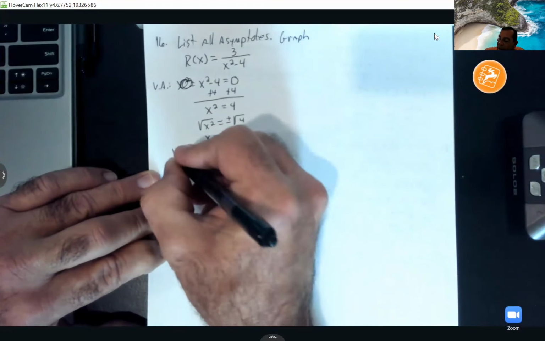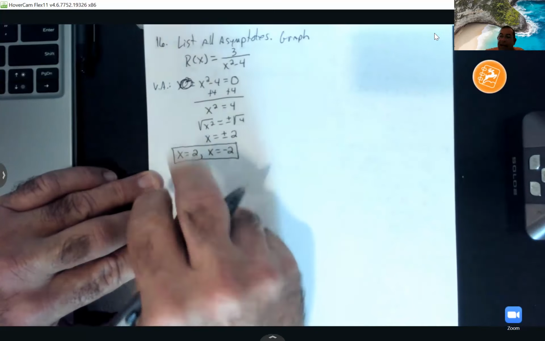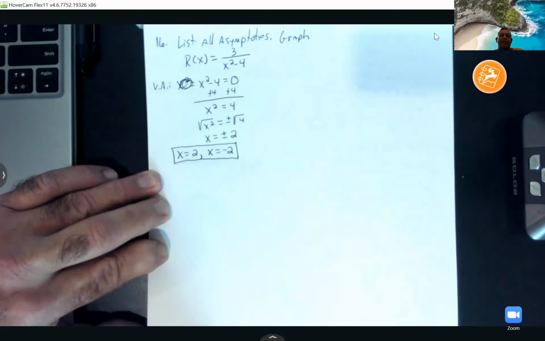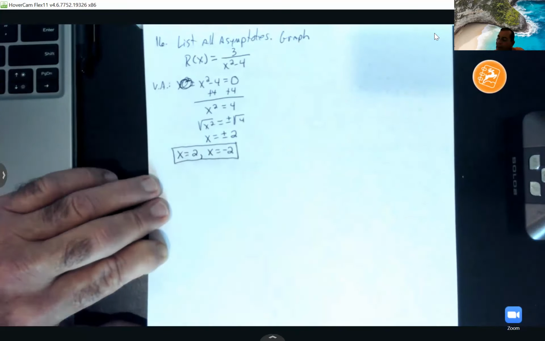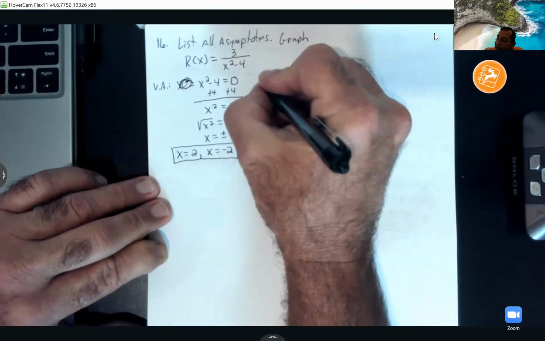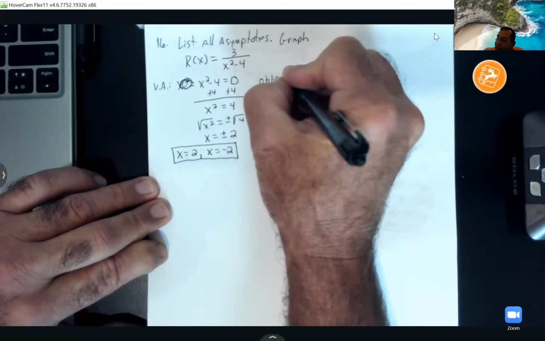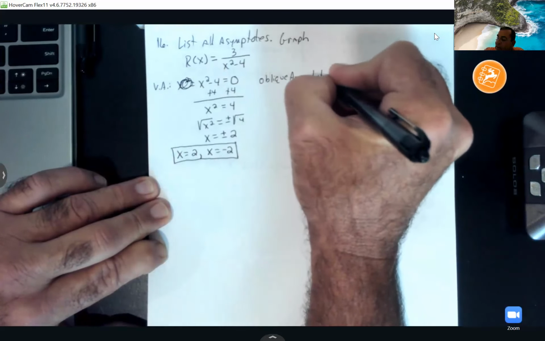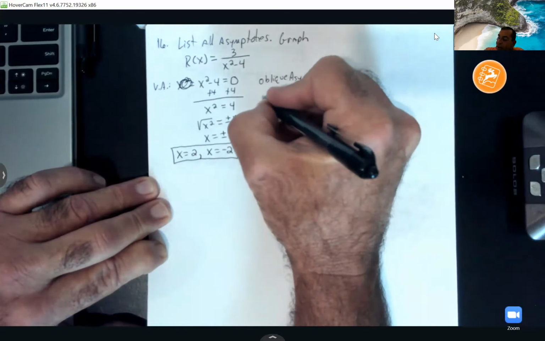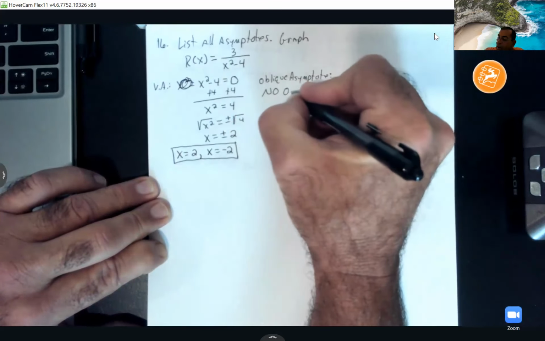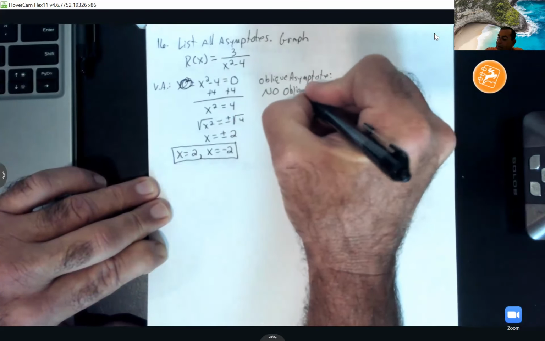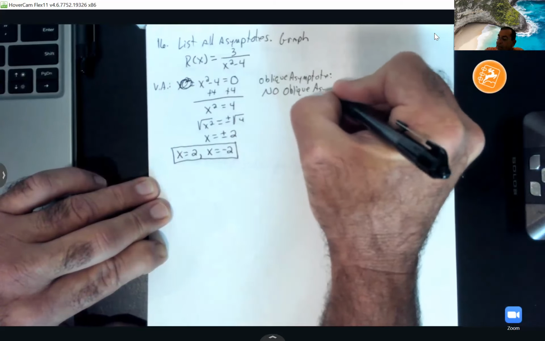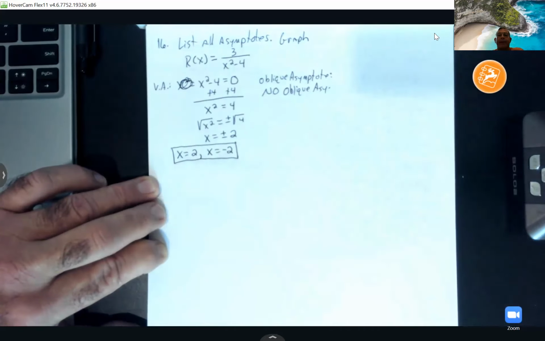And you got to write those as an equation, okay? So next, it would ask you for an oblique asymptote. On that one, put no oblique asymptote. Okay.